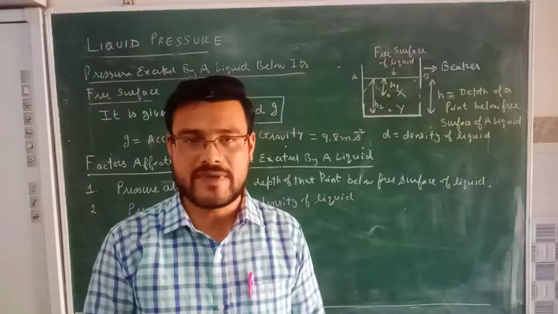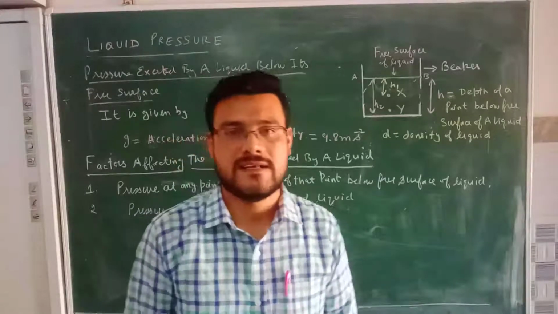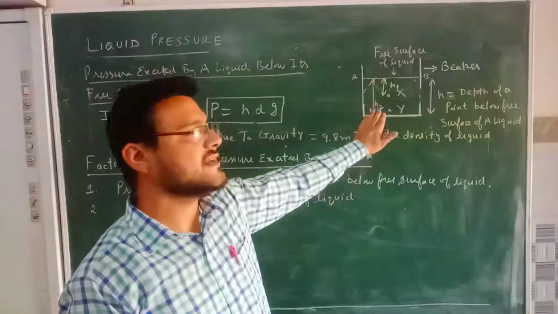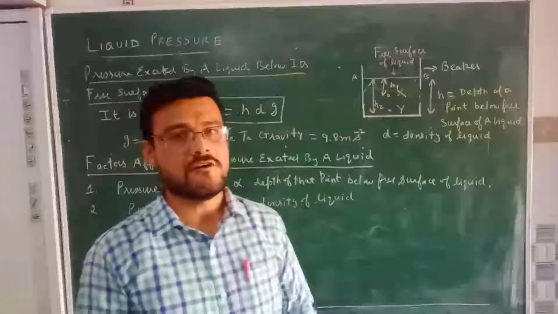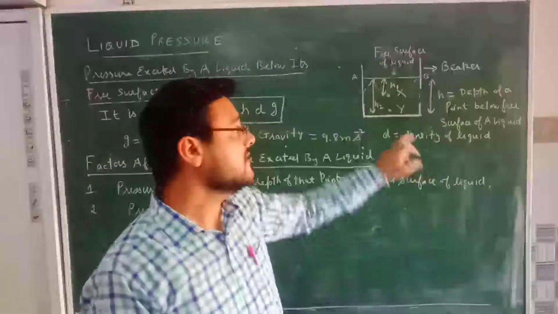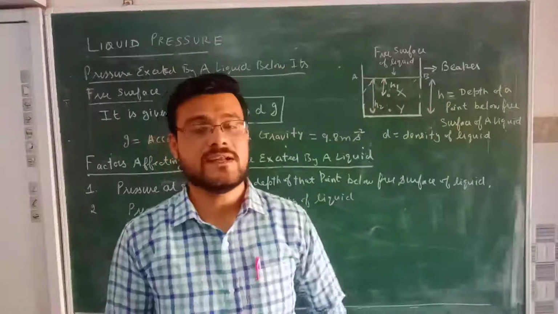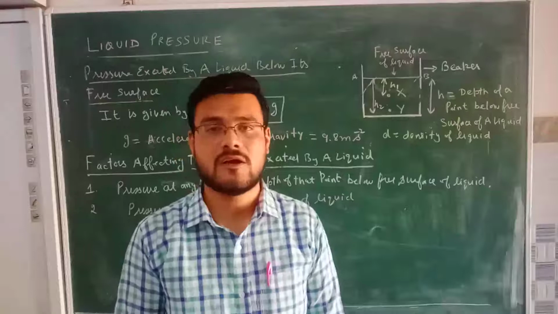We can compare this by taking an example where the same beaker is filled with water up to the point AB, and then the same beaker is filled with oil.